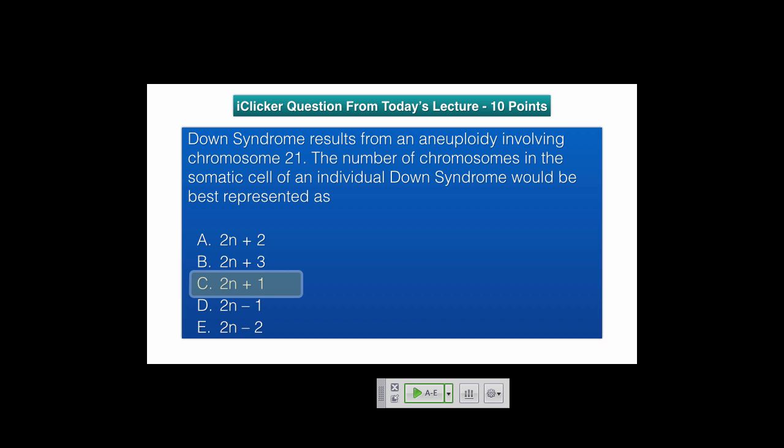So these are aneuploidies. We'll talk about this a little bit later. This is either the gain or loss of a specific chromosome.